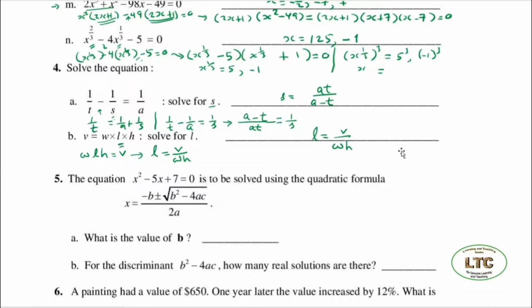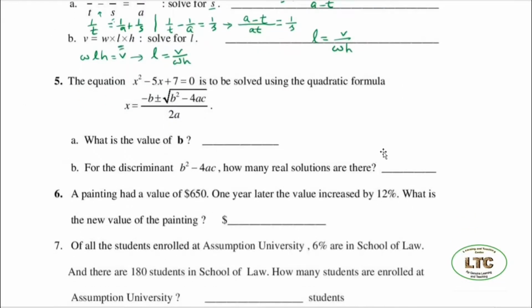Okay, 5. The equation x square minus 5x plus 7 is 0 is to be solved using the quadratic formula. This one, what are a and b? You are thinking about the equation ax square plus bx plus c is 0. The solution to ax square plus bx plus c is 0 is given by this formula.